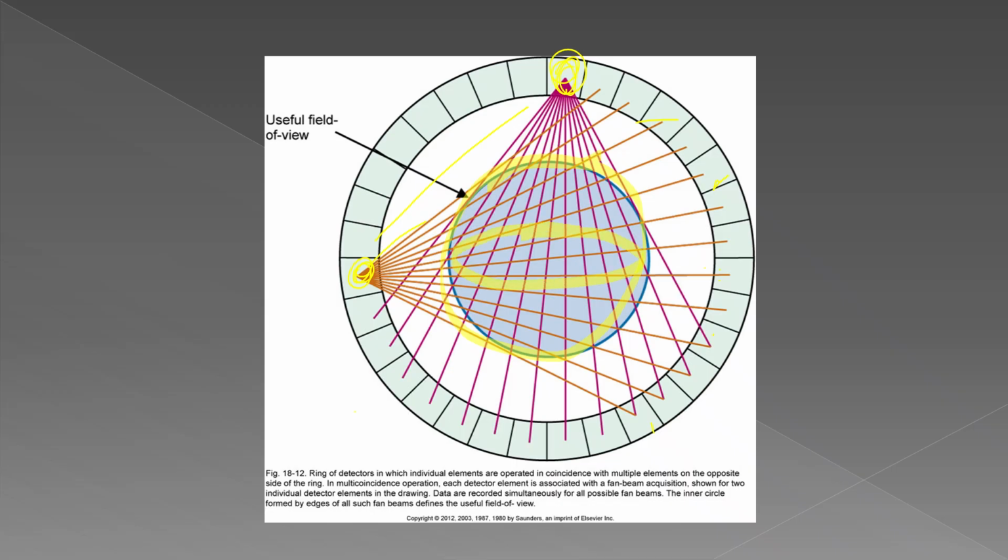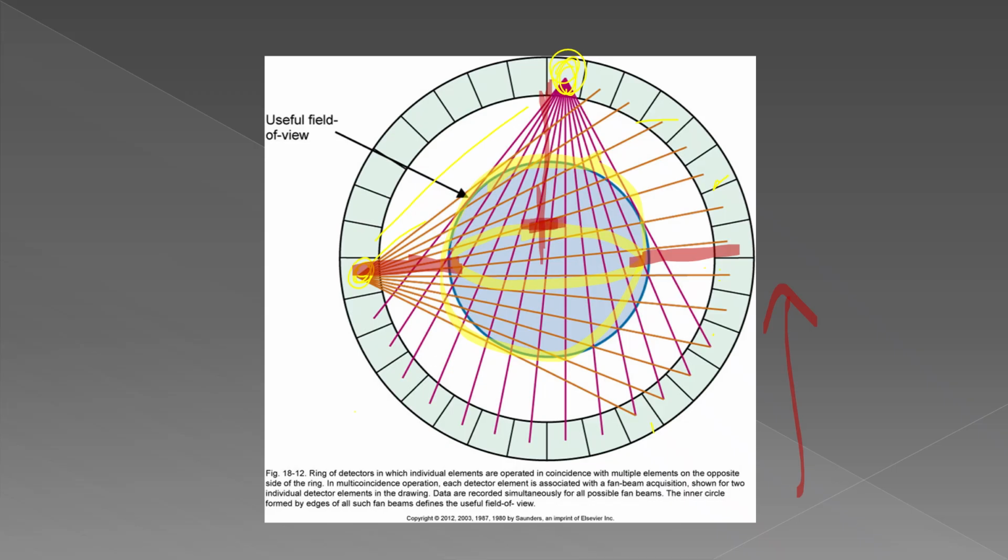Because of that, as a technologist, when you're setting up the patient, you do what we call putting them in the ISO center. So you have to make sure that the patient bed is up high enough so that they're in the middle, and then also line them up with the lasers to make sure they're in the middle.